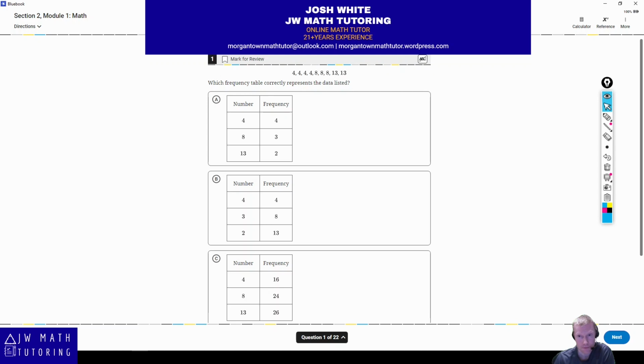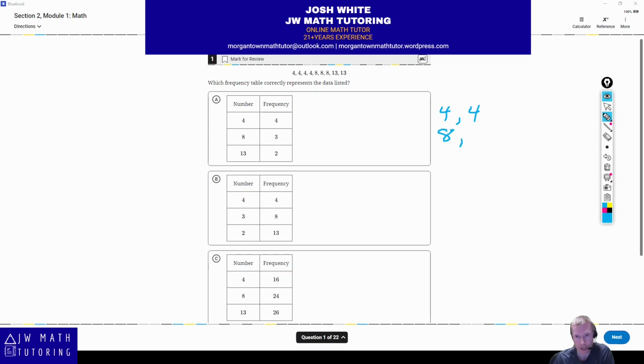So here we have just a basic data problem. It asks you which frequency table represents the data that's listed. So if we look here, we can see that there are 4 4s. So there would be a 4 for the value and a 4 for the frequency, and then there are 3 8s.